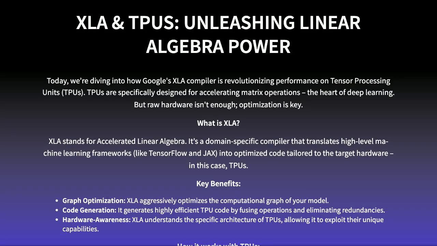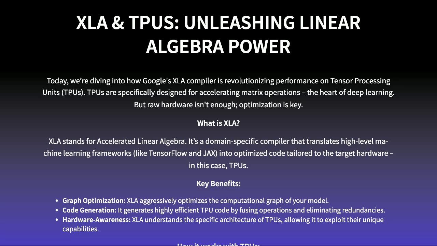Okay, let's talk about XLA and how it's making TPU truly shine. Think of TPU as specialized supercomputers built specifically for the math needed in deep learning, especially matrix multiplications. But just having a powerful processor isn't enough. You need to tell it how to do things efficiently. That's where XLA comes in.